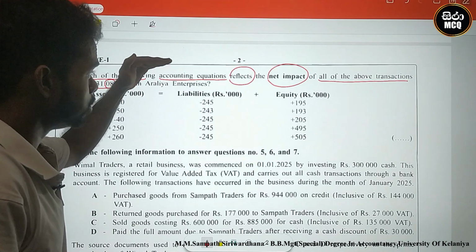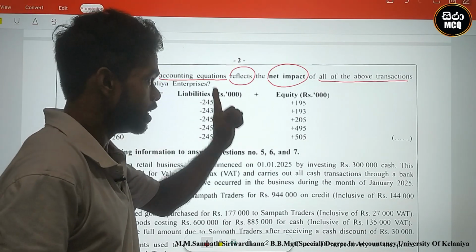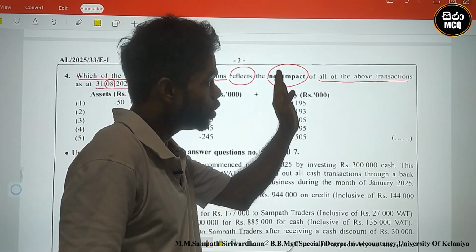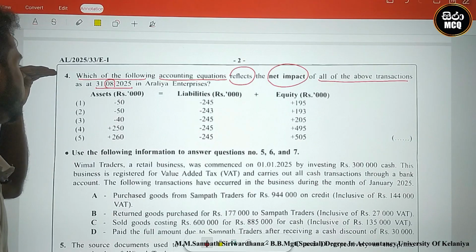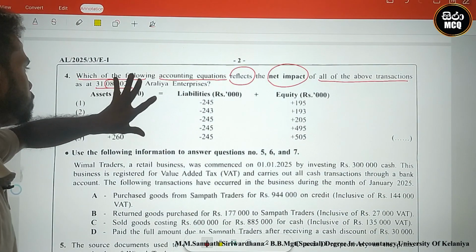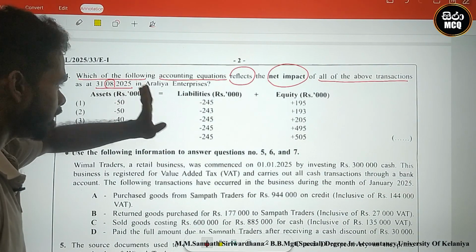Which of the following accounting equations reflects the net impact of all the above transactions as at 31st August 2025 in R&D Enterprises?